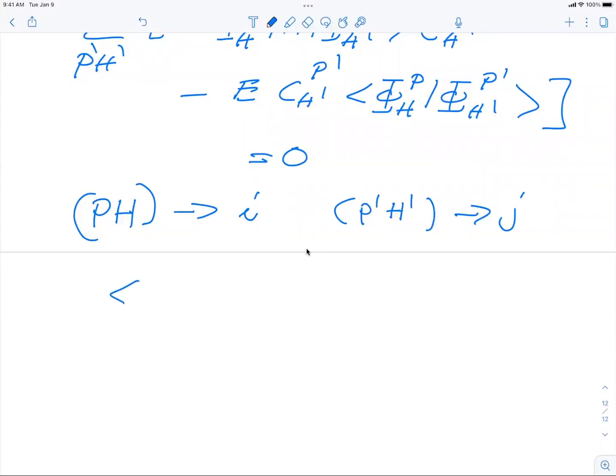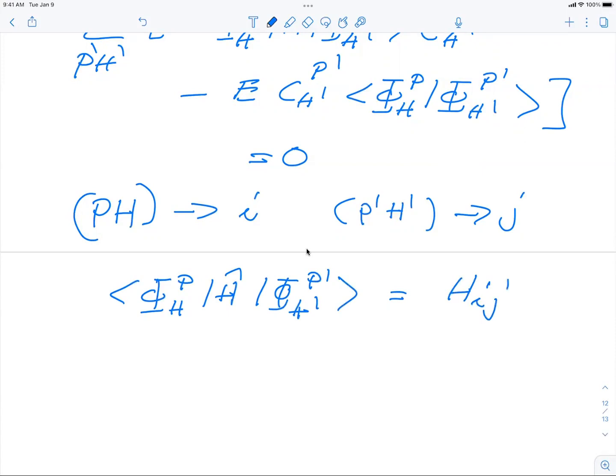That means that the matrix element of H between phi of HP and phi of H'P' is equal to something which I'm going to call H_IJ here, like that. So that's just a matrix element. And we know how to calculate these now. When we use Wick's theorem, when we are setting up these different excitations, we can always calculate these matrix elements pretty easily.